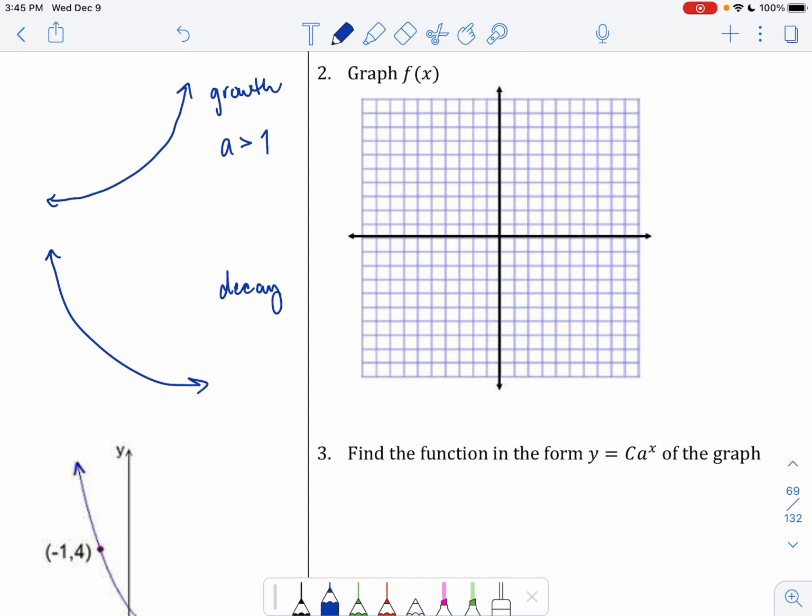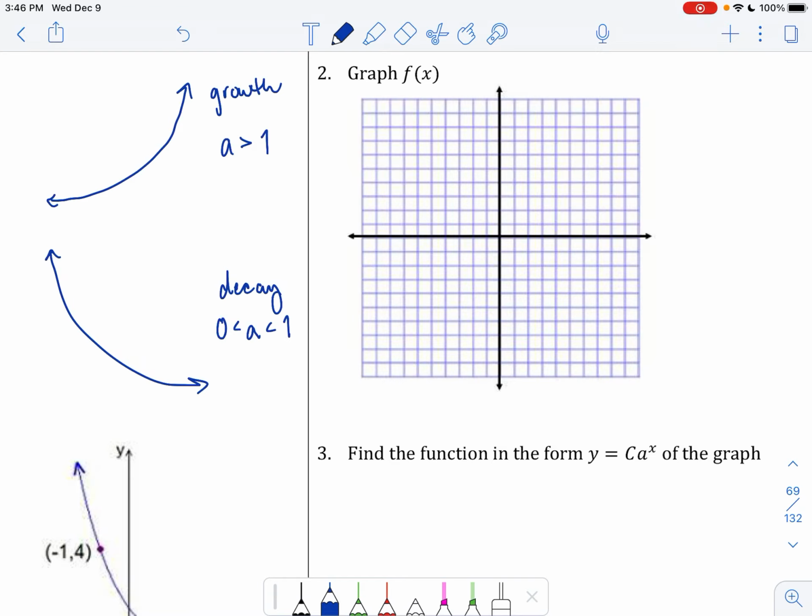This is when a is in between 0 and 1, meaning that it is a fraction, so it's getting smaller and smaller over time. Now, this is without transformations, of course. The same things apply: translations, reflections, anything like that.